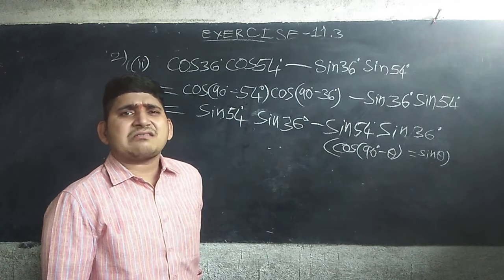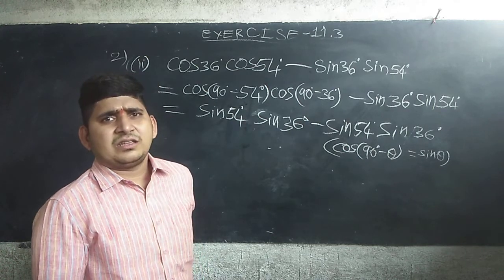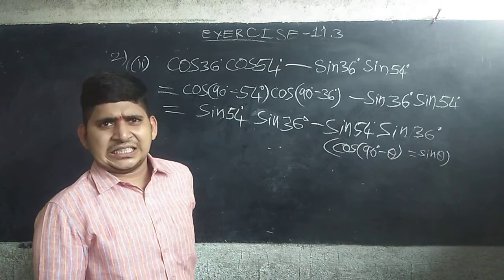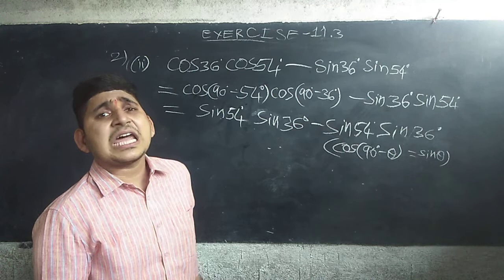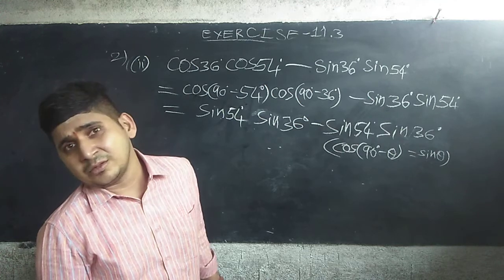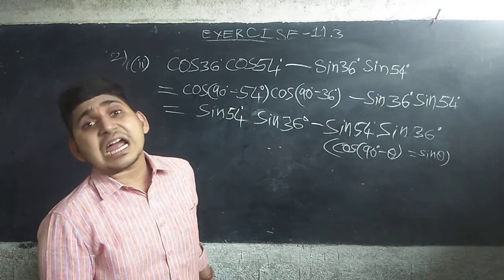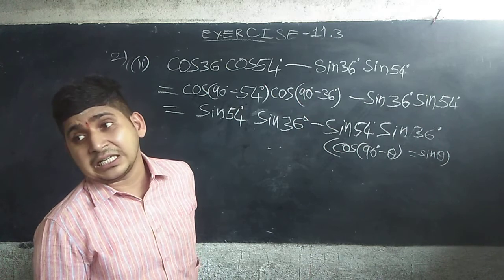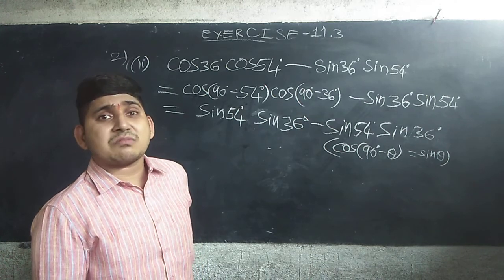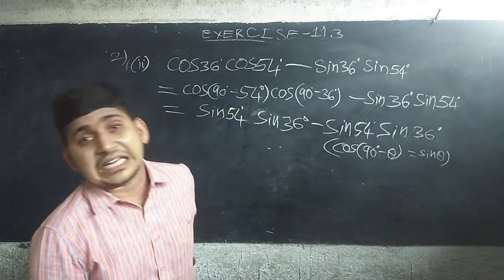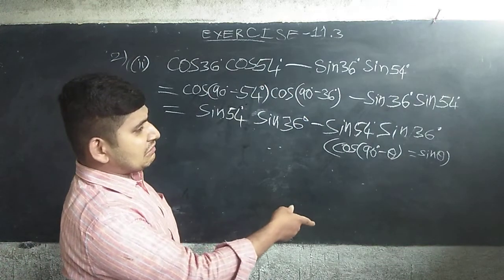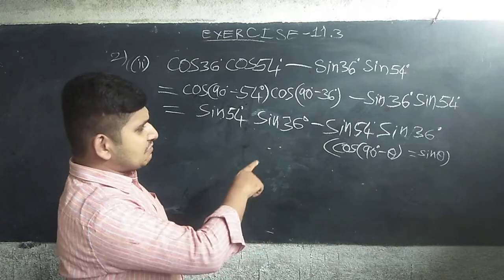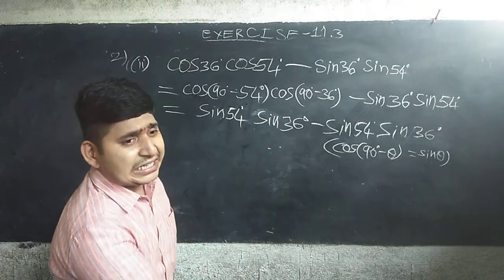2 into 3 equal to 6, 3 into 2 equal to 6. So in both ways, if you multiply, your answer is the same. So A into B equals B into A under the commutative property of multiplication. So sin 36 into sin 54 degrees equal to sin 54 degrees into sin 36 degrees.